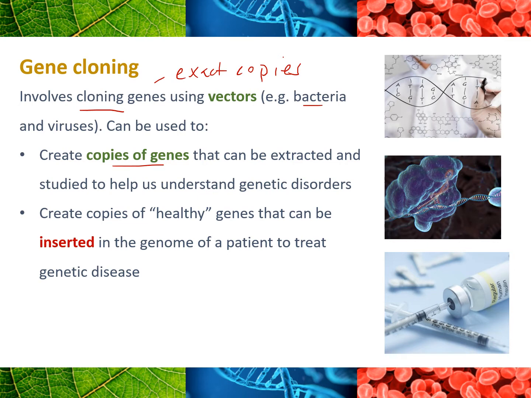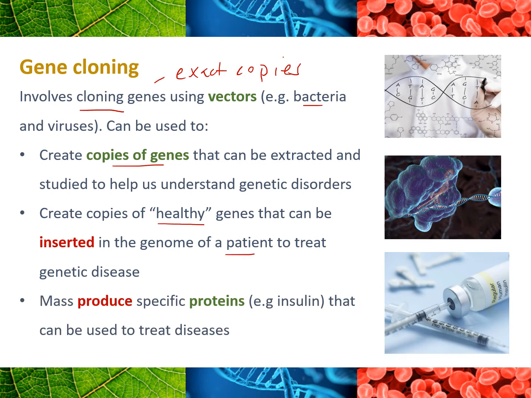It can, and this is a more new use of it, be used to create copies of healthy genes or fully functional genes that could be inserted into the genome of a patient to treat genetic diseases. It can also be used to mass produce specific proteins.